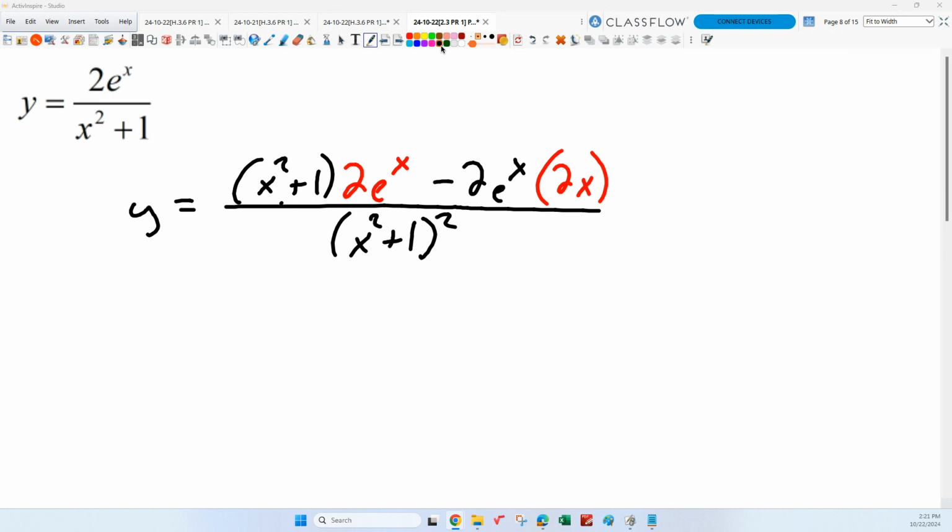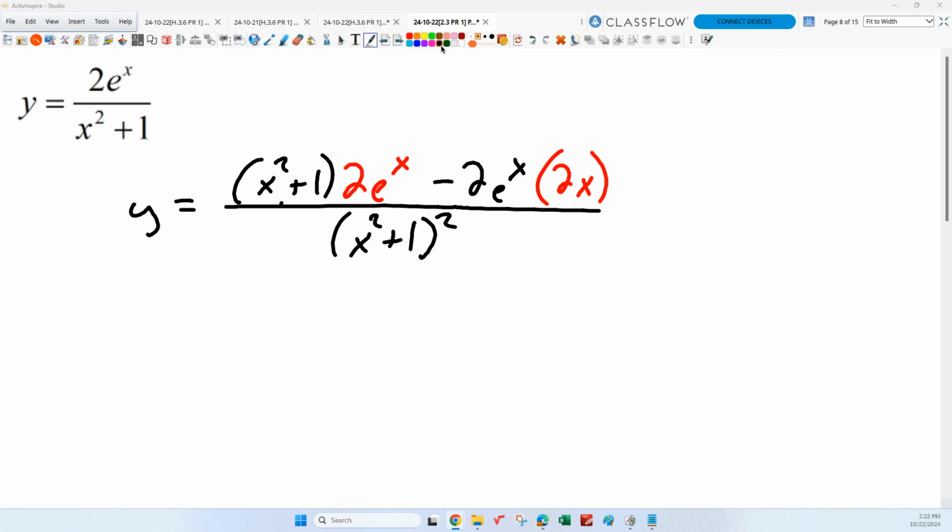So when we're simplifying this, ultimately, you don't really understand the motivation for this yet, but you will. We want to have everything factored as much as we can. So when we're cleaning up the top, does anybody see something we could do right away that might make things simpler? Being as we're trying to factor anyway, rather than distribute the 2e to the x, what could I do with it?